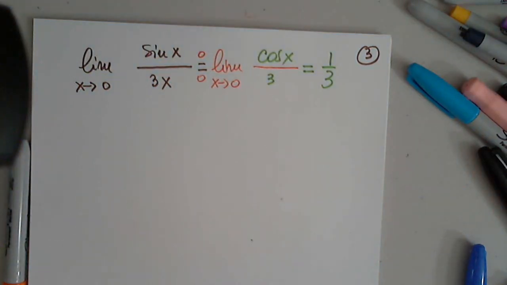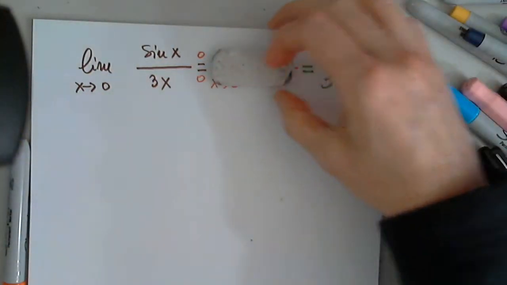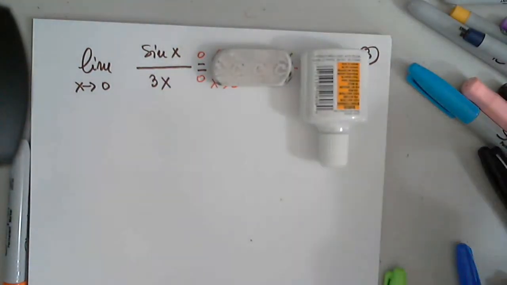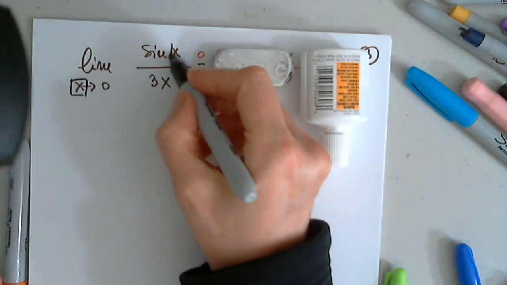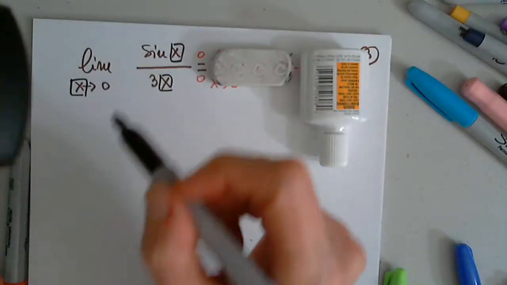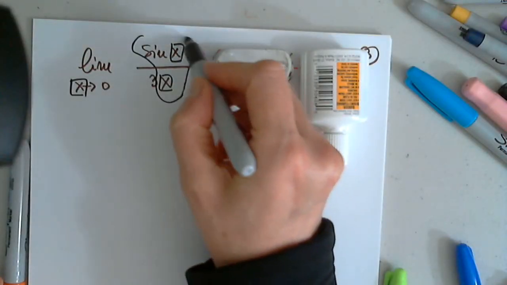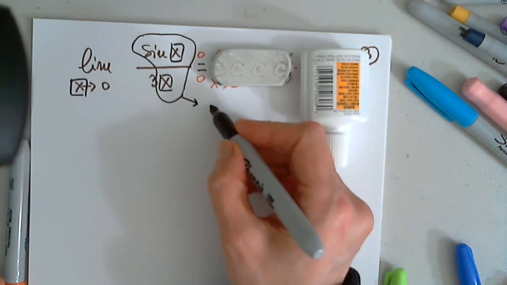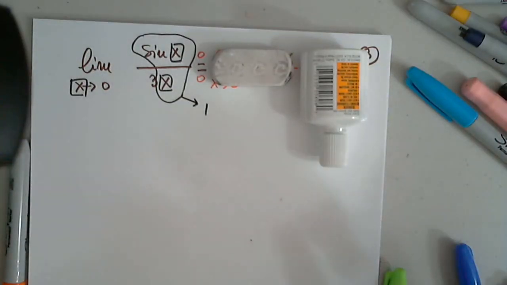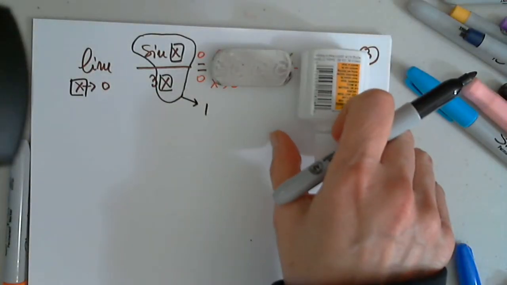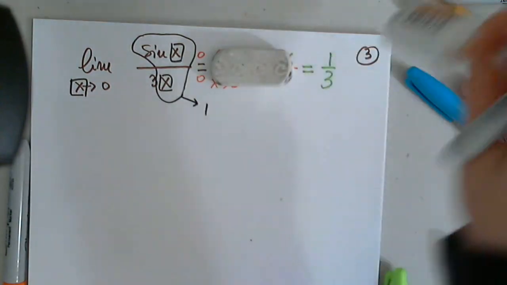Well done. Did I know this from the beginning? Yeah. Because I have the box, and I know that this will approach how much? 1. So then the limit must be? One third. 1 over 3.